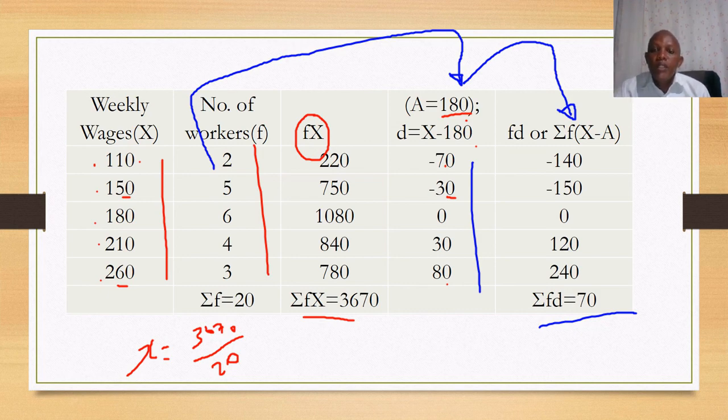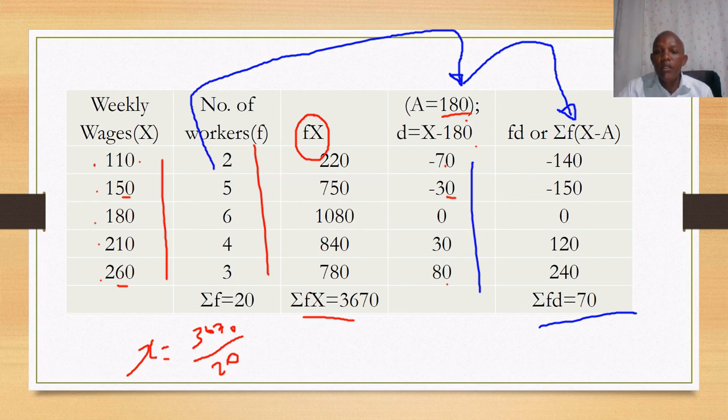Now, we use this to multiply with what? The corresponding frequency. So here, you're using this column, this column and this column. If you multiply that column and that column, then it brings you to this column. So for example, 2 times negative 70 is negative 140.